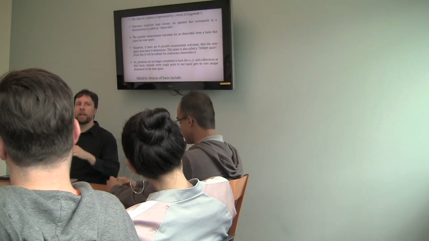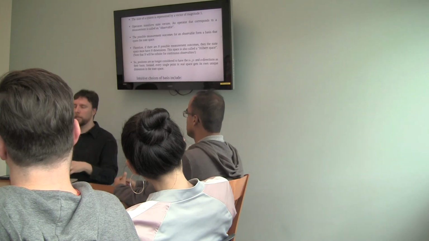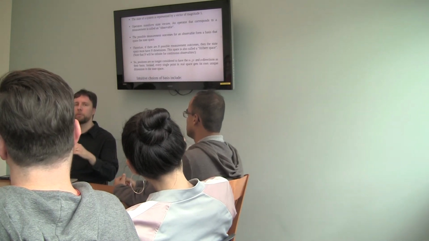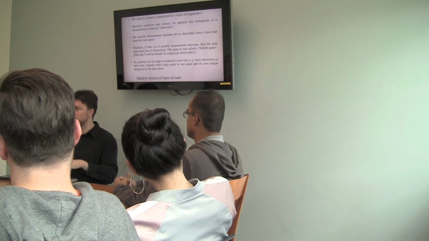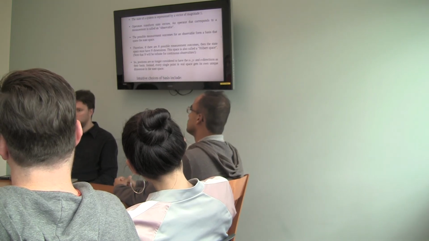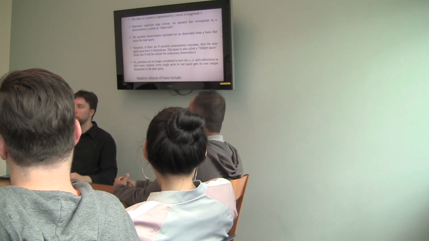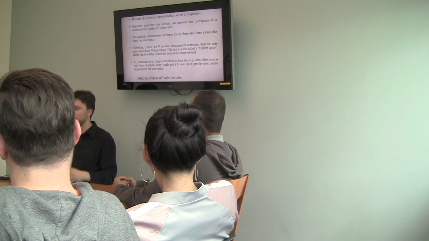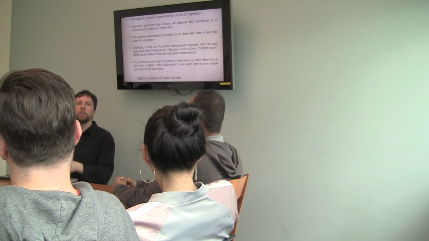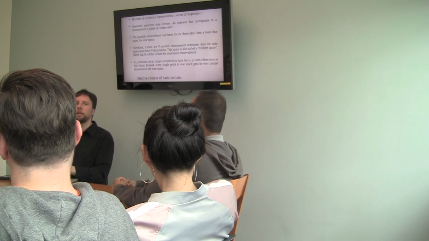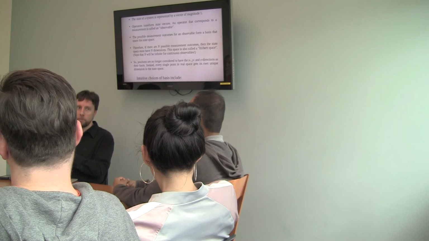And the possible measurement outcomes are a basis that spans that vector space. So if you have 5 possible outcomes, because there are actually systems that have 5 possible outcomes in quantum mechanics, then you have a 5-dimensional, what's called a Hilbert space. And a Hilbert space is just a fancy name for a vector space. So your possible outcomes span that 5-dimensional space.